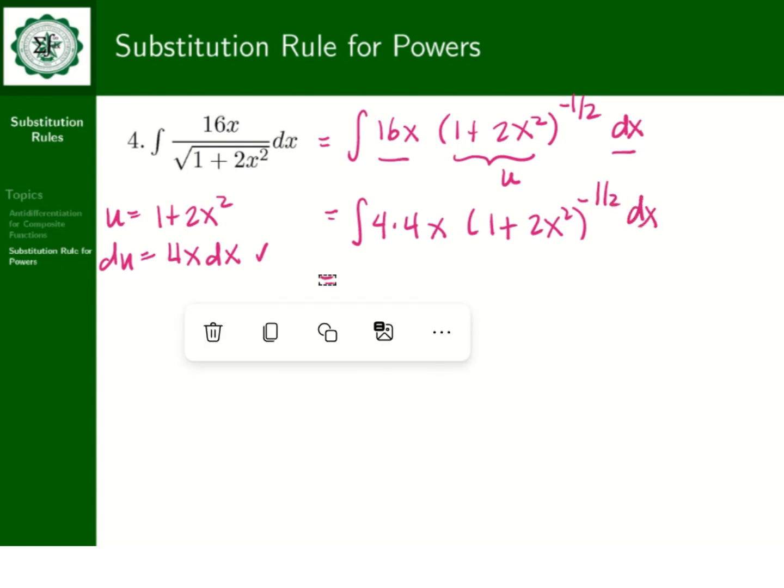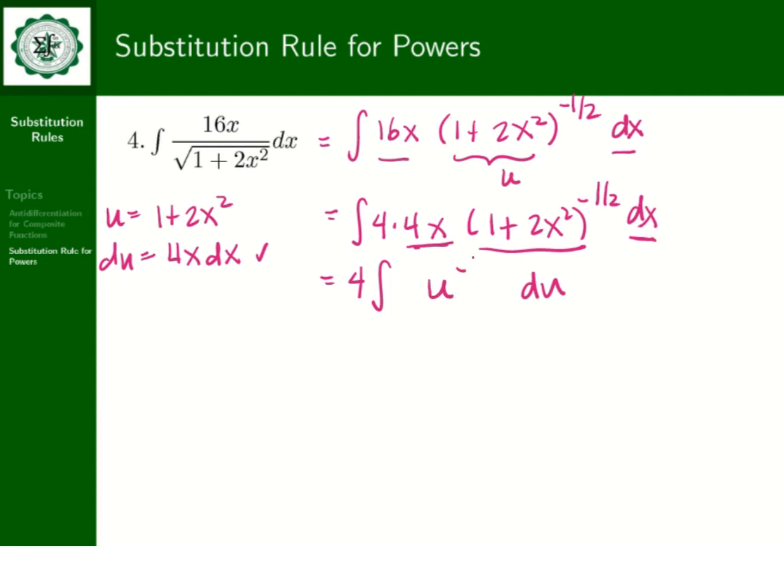So since we need 4x dx to become our du, the other 4, we could just factor this. So we have 4 times 4x dx will now be replaced by du, while the base 1 plus 2x squared will be replaced by u, and then we have raised to negative 1 half.